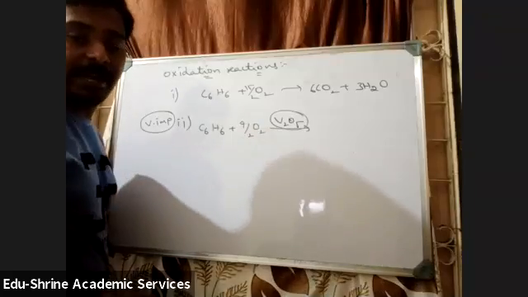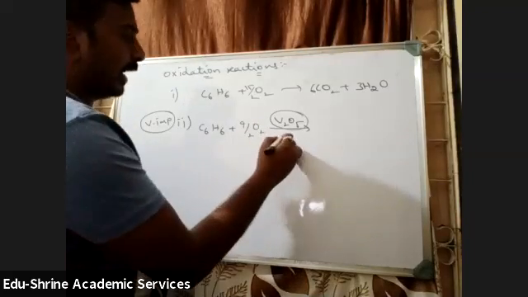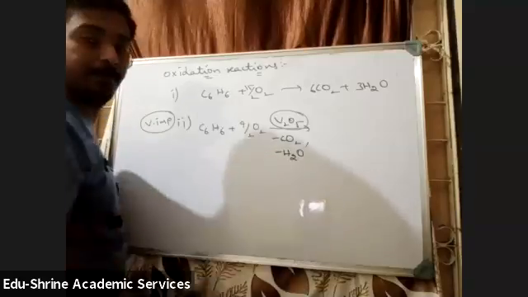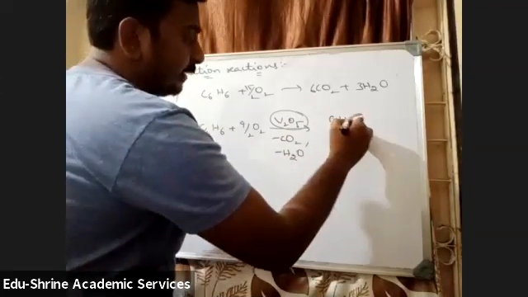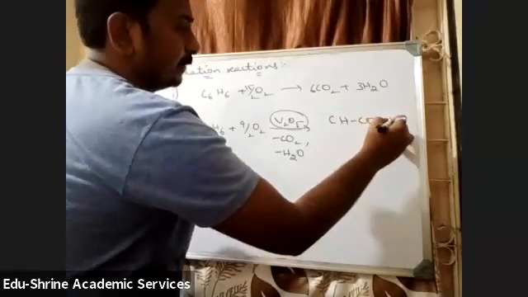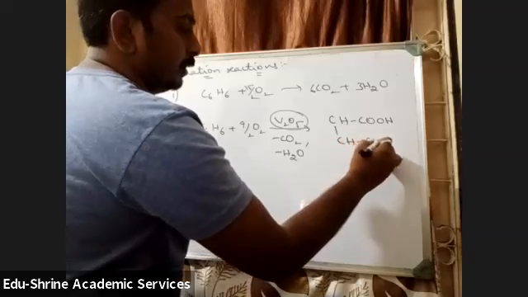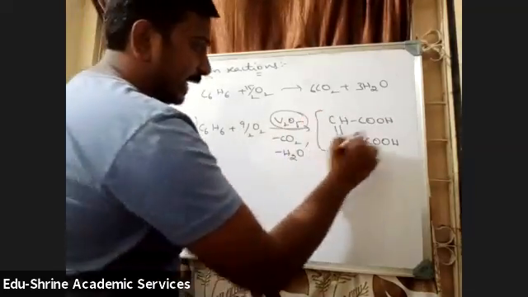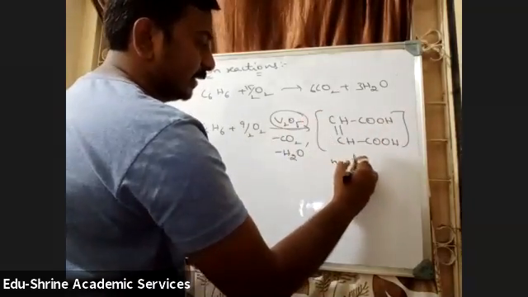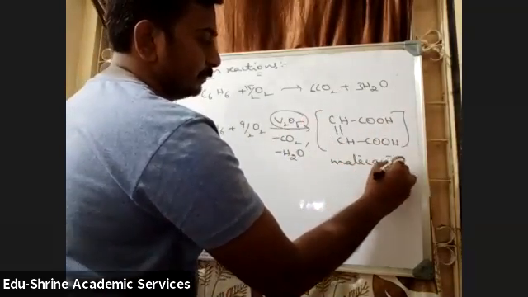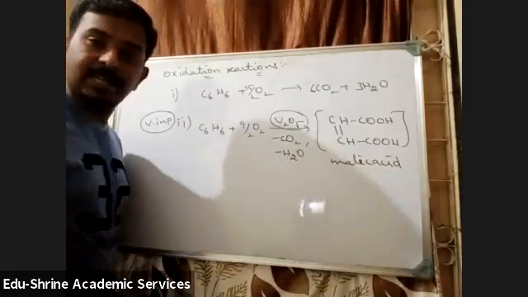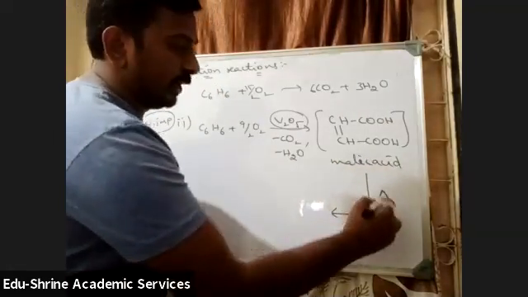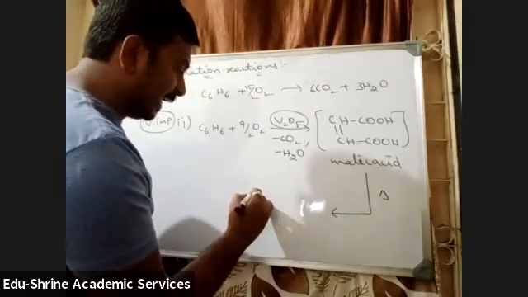In the presence of vanadium pentoxide as catalyst, carbon dioxide gas will be removed along with water molecules, and you will be getting an acid which is called maleic acid. Maleic acid.